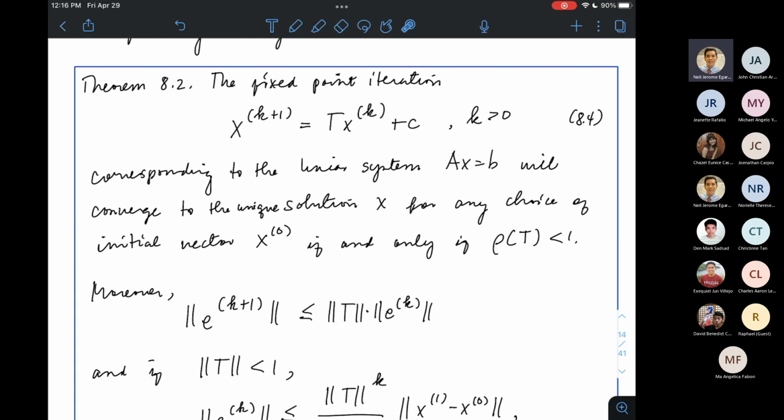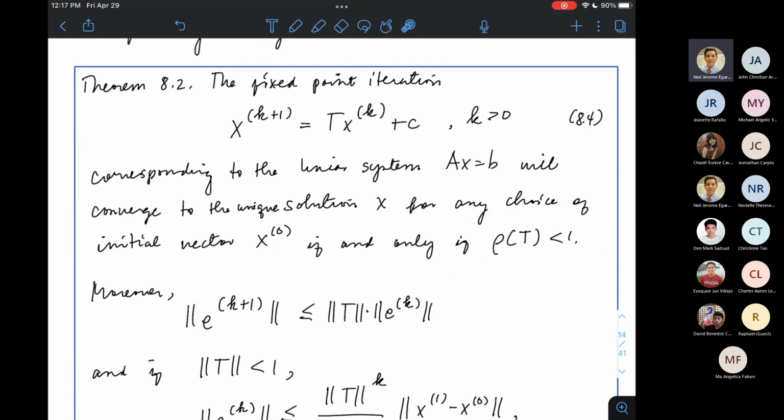So kung bumuo ka ng fixed point iteration of the form 8.4, so ang iteration matrix mo ay T, tapos ang c mo ay vector of appropriate size, which we designed this fixed point iteration to correspond to the solution of the linear system Ax equals b, then magko-converge yung fixed point iteration in equation 8.4 into the unique solution of the linear system Ax equals b for any choice. Ito pa yung maganda. Kahit ano yung starting vector, if and only if the spectral radius of the iteration matrix is less than 1.